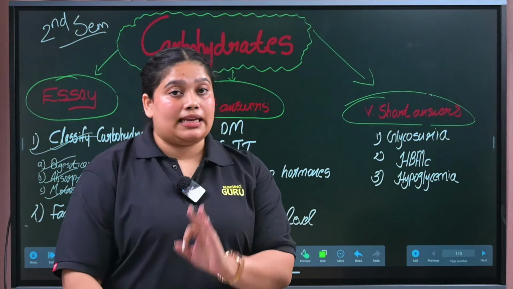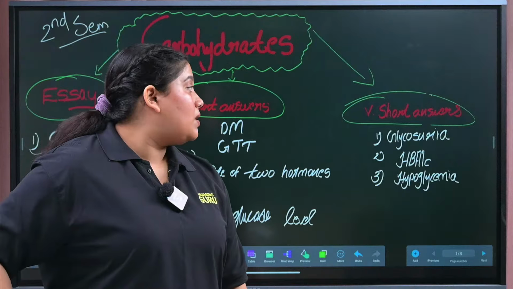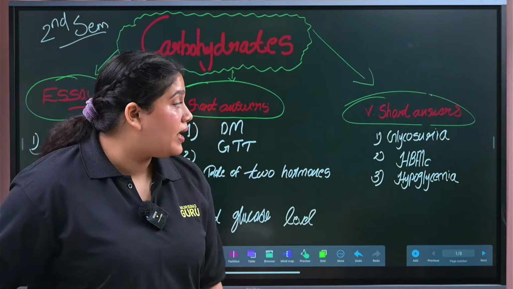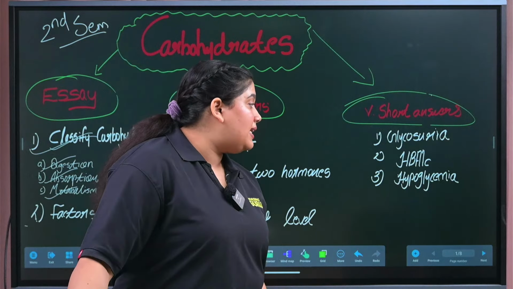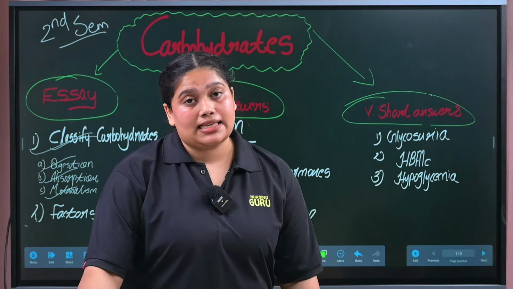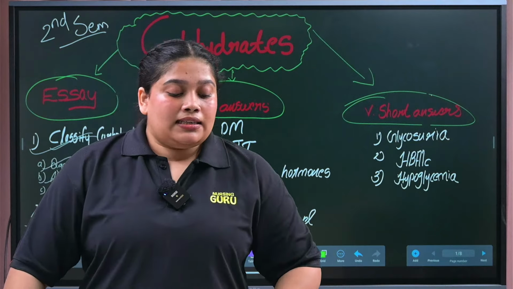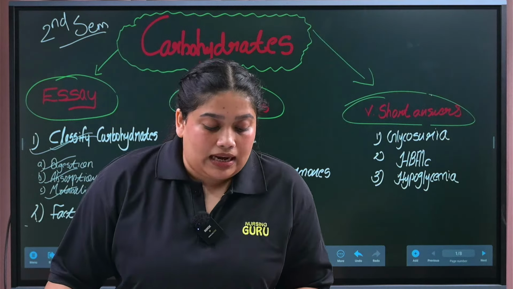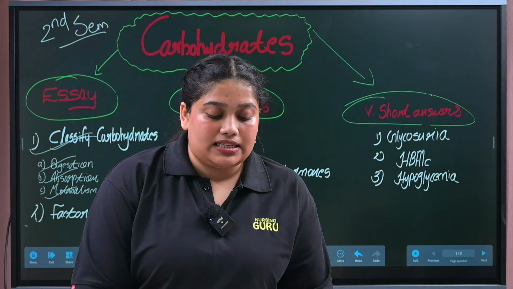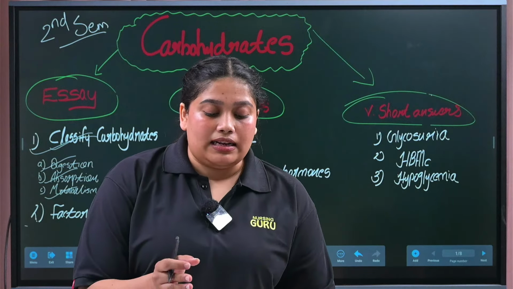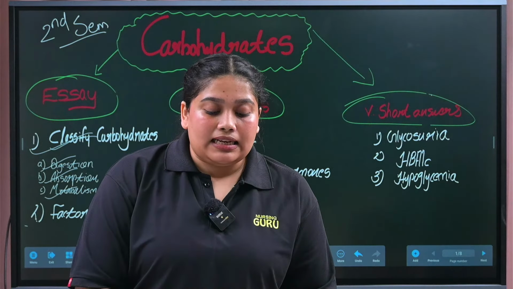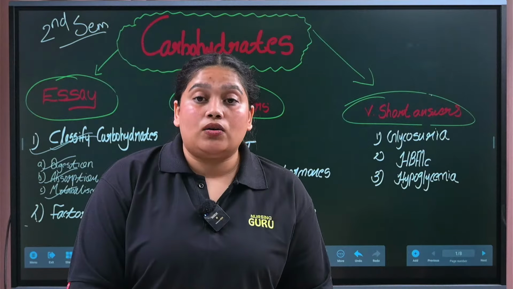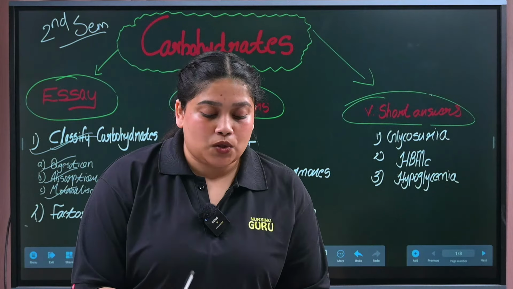Clear? Moving on to the very short answer questions. We have three expected very short answer questions: first one glycosuria, second HbA1c and third one hypoglycemia. In that you need to define what is glycosuria. Just give one definition like: blood glucose level is so high that the renal tubules in the kidney cannot reabsorb it all.